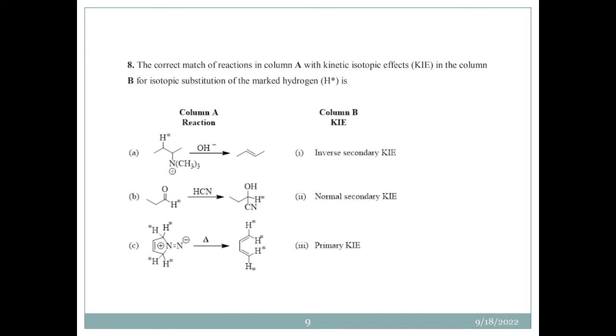Now the interesting or difficult part is that B and C are both secondary because there is no carbon hydrogen bond breaking involved. Now what is the next question? Whether it is inverse or normal. What is the difference between the two reactions? In option B, you see formation from sp2 to sp3, from tricoordinate to tetracoordinate.